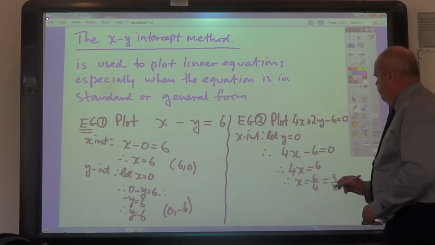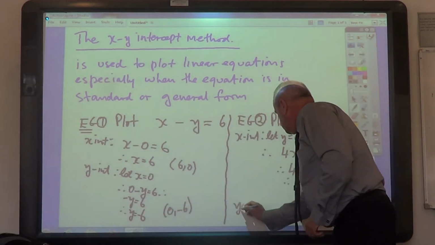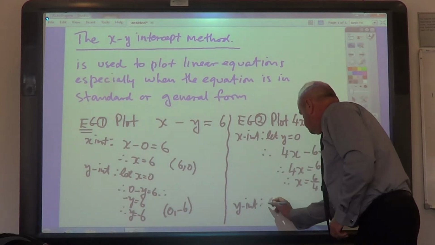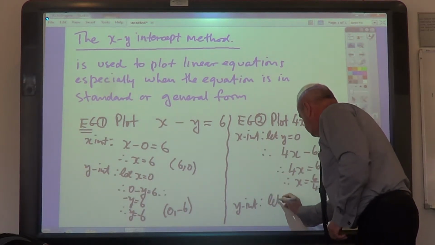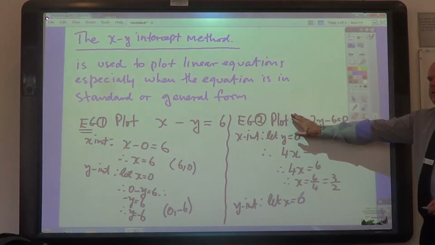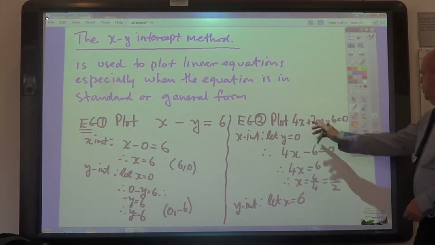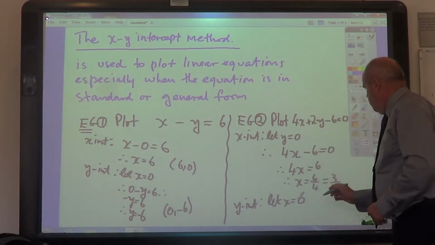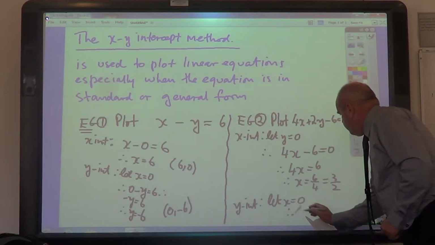So following that logic for the Y-intercept, we let X equal 0. Once again, it amounts to blocking out the 4X, doesn't it? Even if it was a negative sign, you just block it out, because anything times 0 is 0. So, we get this.